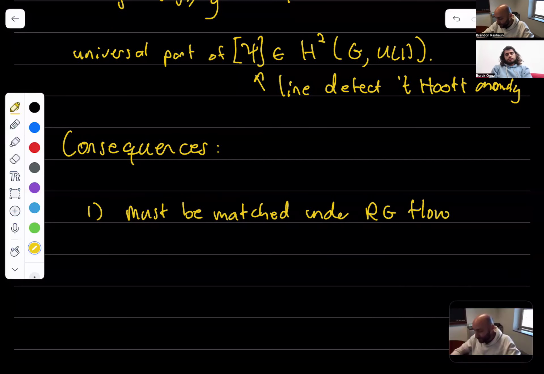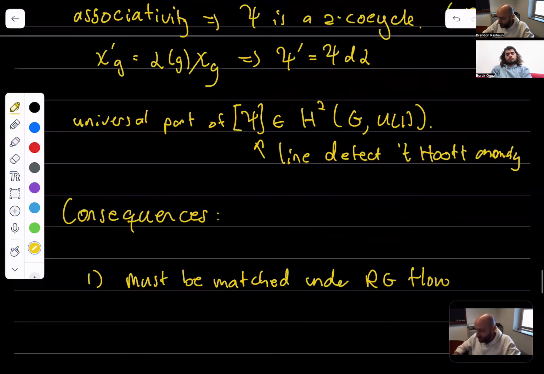One intuitive way to argue for this is that this second group cohomology is a kind of discrete group, or even a finite group, let's say. And because under RG the physics changes continuously, there's no way for this 't Hooft anomaly to change. It would have to jump, and that's a discontinuous process.